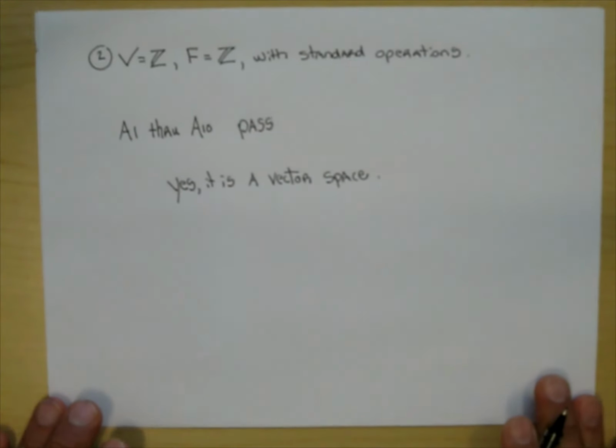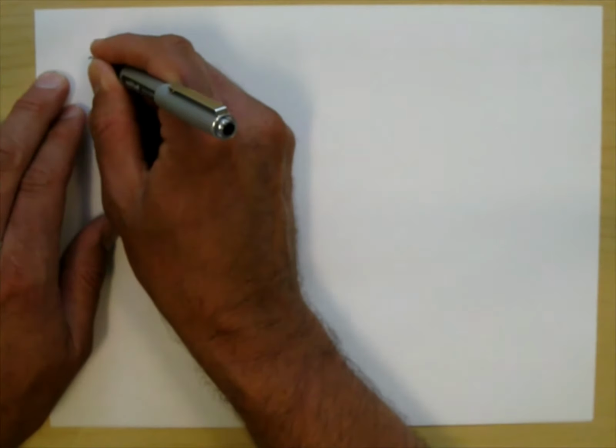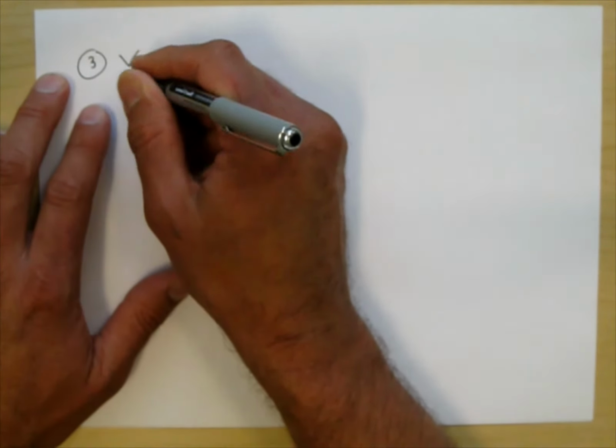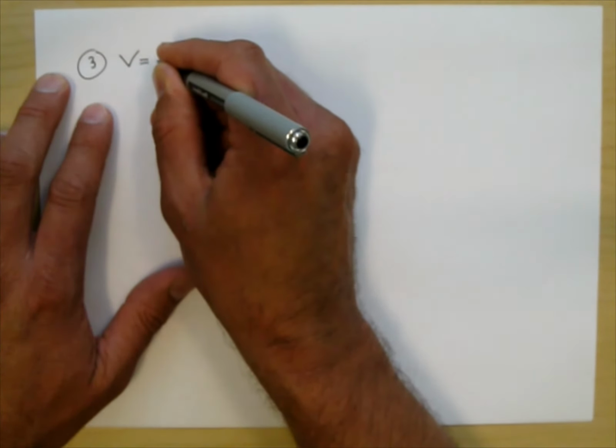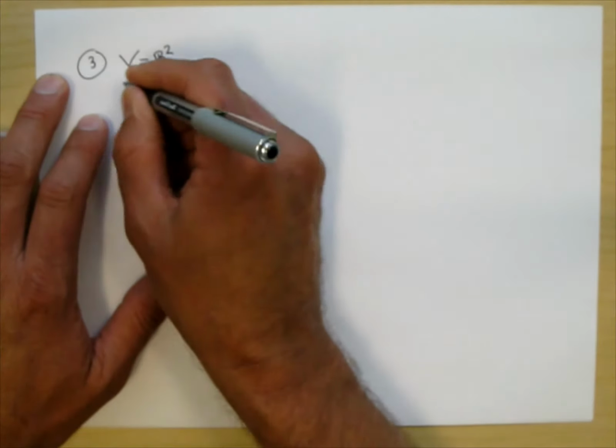Okay, we're going to do 2 more. And this is, once again, for the math majors in this class. And maybe if you're an engineer, you might go, oh yeah, this is pretty interesting. So this is going to be problem number 3. Your set of vectors happens to be R2, ordered pairs.